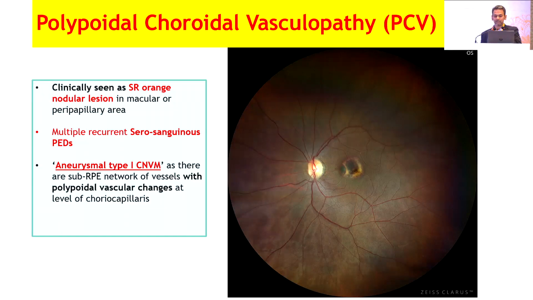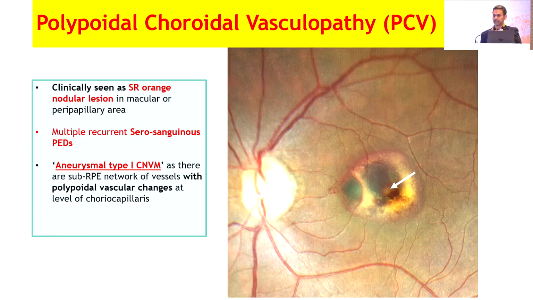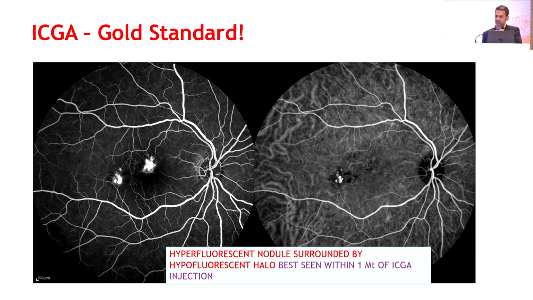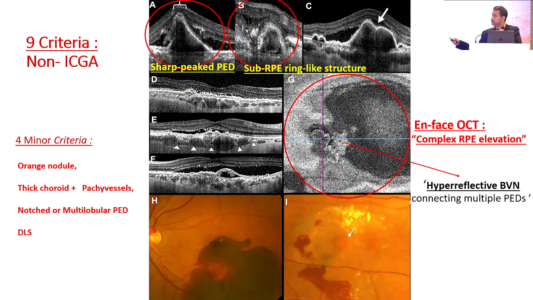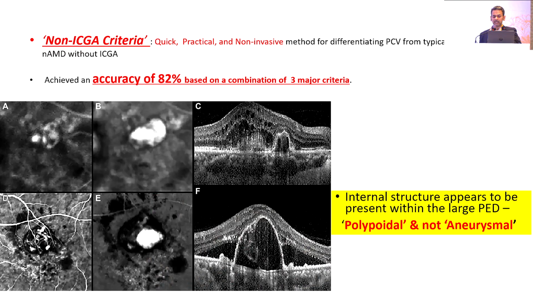The last entity, PCV, is a serosanguinous maculopathy, called aneurysmal type 1 neovascularization. ICG is still the gold standard in picking up these hypercyanescent nodular lesions, but now we are moving to non-invasive imaging, wherein the 3 major Asia-Pacific criteria, like sharp-peaked PEDs, sub-RPE ring-like structure, and en-face OCT showing this complex RPE elevation, have almost 80 to 85% sensitivity in picking up PCV compared to ICG angiography.